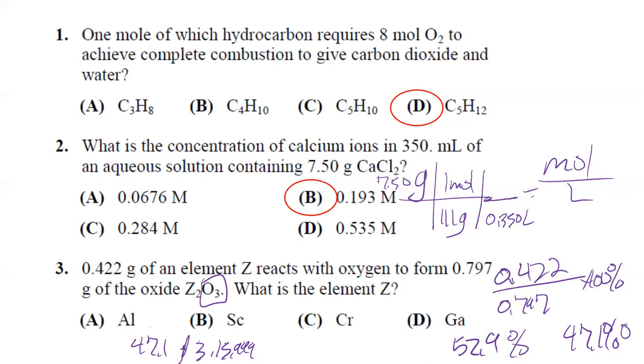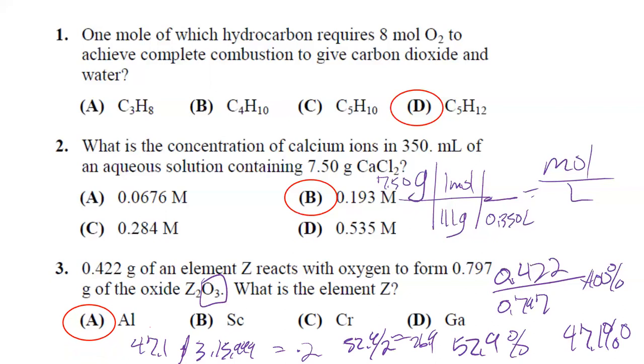And then once I have that, my number of moles, I can multiply that by 2. And I can take 52.9, divide it by that answer, and it tells me what my molar mass should be. So 52.9 divided by 2, and I get something like 26.9, which ends up being our aluminum.